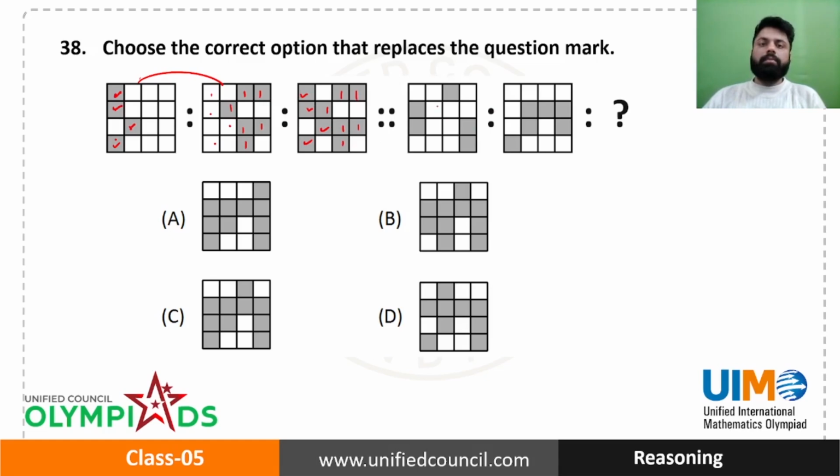So in this case, the part answer is going to be like this, here, then this line, and then this. So C option is the correct answer. Here is the difference. C option is the correct answer.